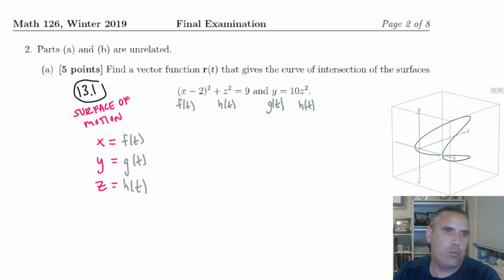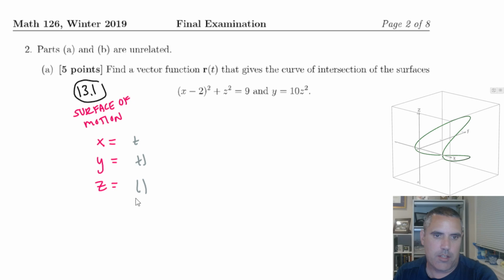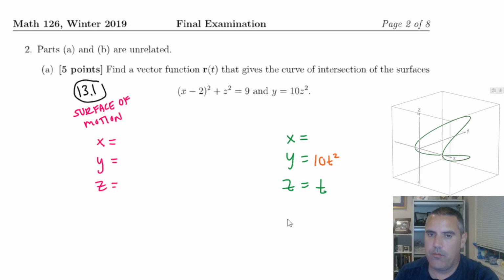We have two strategies, and they're both valid. One strategy is to randomly pick one of the variables to be t, which is not the best strategy here for computational reasons. But for example, you could pick z to be t and see where that leads. That's going to mean that y has to be 10t squared. Then you could try to solve for x.